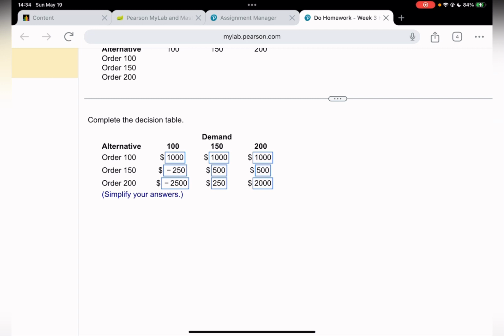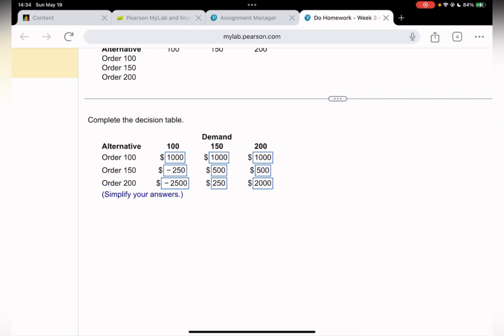Seems to me it's 150. This one should be wrong. Order 150 and demand 150. And this one. Okay, let me double check. So 150, 150. Let's go back.